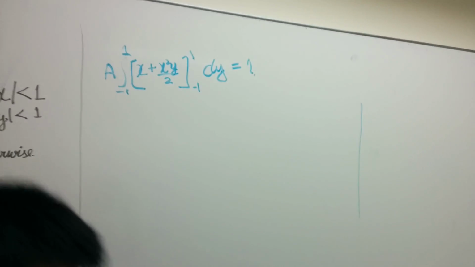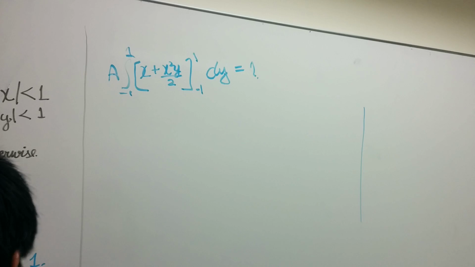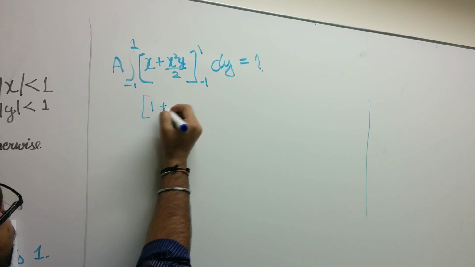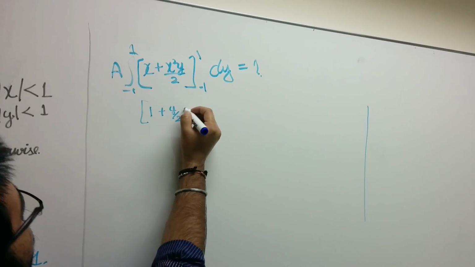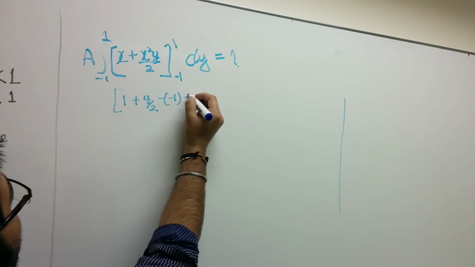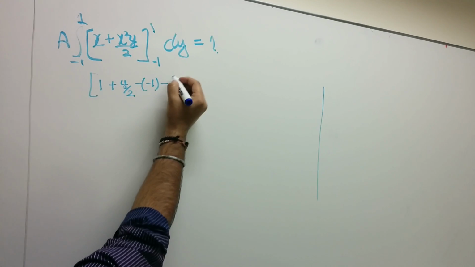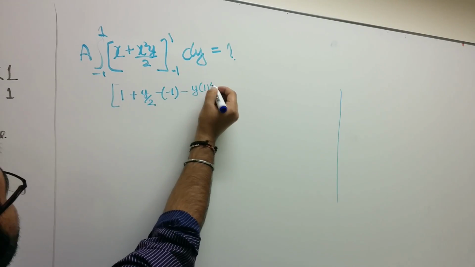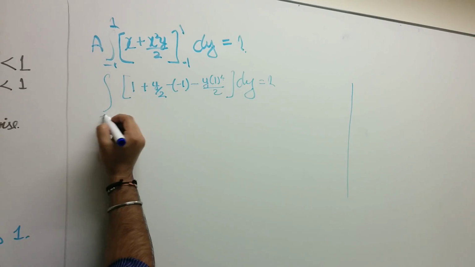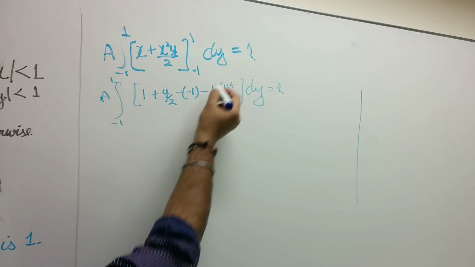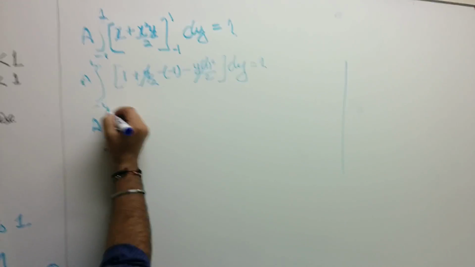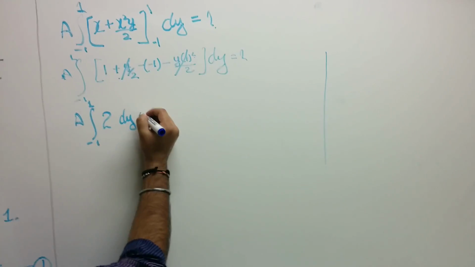Putting the values and solving, we get 1 plus y by 2 minus (-1 plus y by 2), integrated from -1 to 1 with a outside. Cancelling out these terms, we get 2 dy equal to 1.